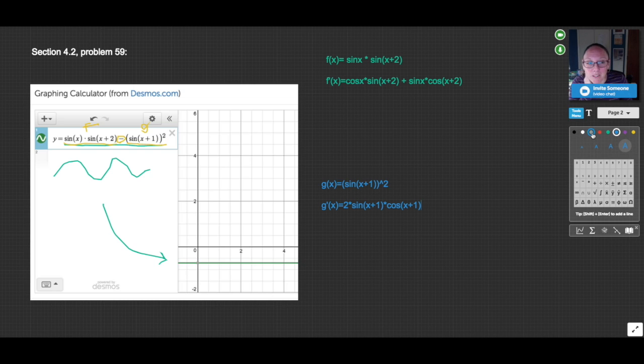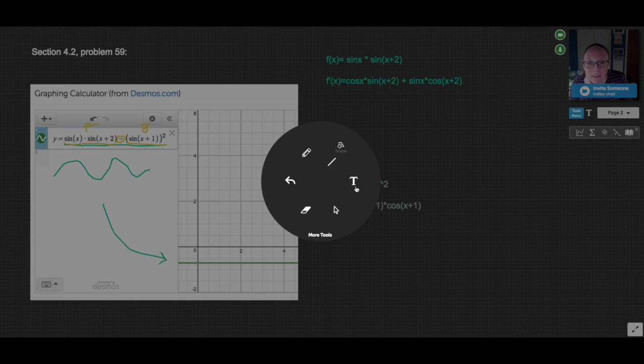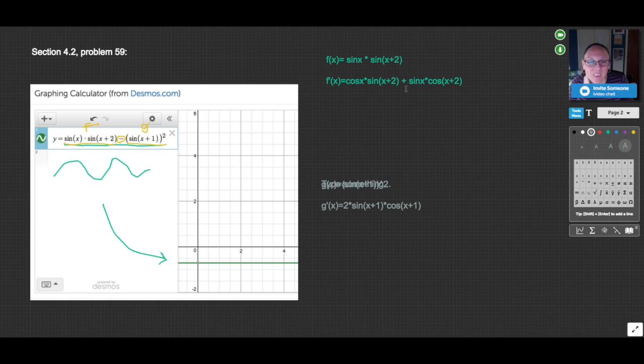So now we're going to dig deep into our toolkit and start thinking about trig identities. Up here, I have two pieces that have both a sine and cosine.